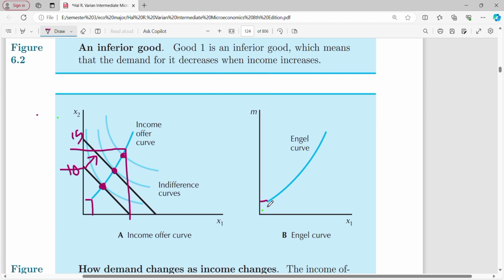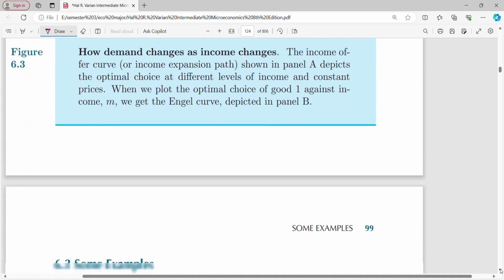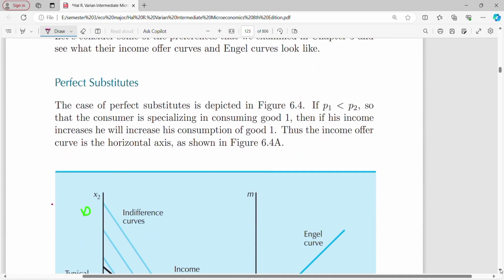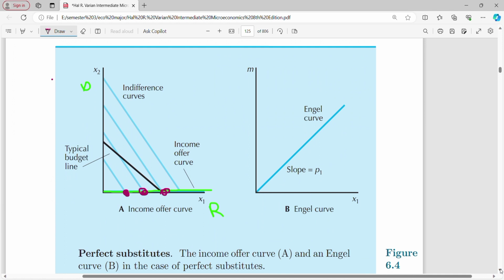So you have this much income, then the demand will also be little. When the income increases, demand increases, income again increases, demand again increases. So that is the Engel curve. And about the normal and inferior good, we discussed it already.